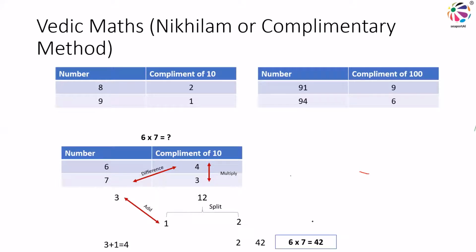So I get 42. Clear? Yes, sir. I don't want a single person not to know, because we are going for tougher ones. These are easy, so I'm going to increase the level of difficulty.